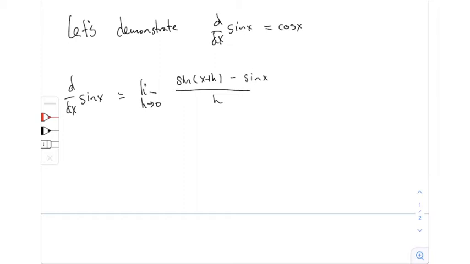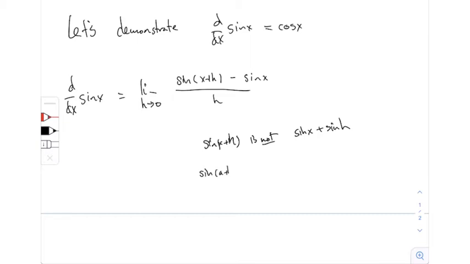I'm actually going to pull out an obscure fact that I wouldn't expect any of you to remember, but there is a rule about sine of x plus h. So let me just say sine of x plus h is not sine x plus sine h. If it were, then you could get something going with that. But these are not equal. There is a rule though for sine of two things.